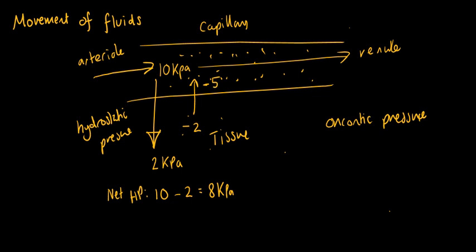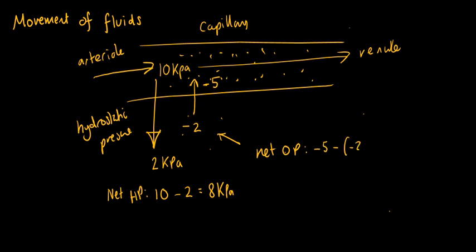Then what we're going to need to be doing is working out what our net oncotic pressure is going to equal, which is going to be minus 5 minus minus 2, and that's going to give us an answer of minus 3. So we have our net hydrostatic pressure of 8 kilopascals and our net oncotic pressure of minus 3 kilopascals.